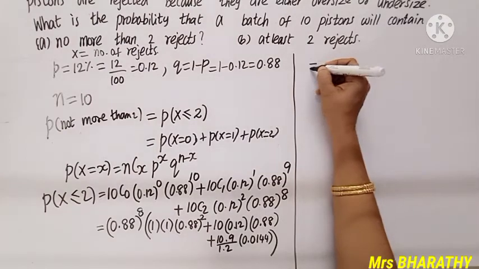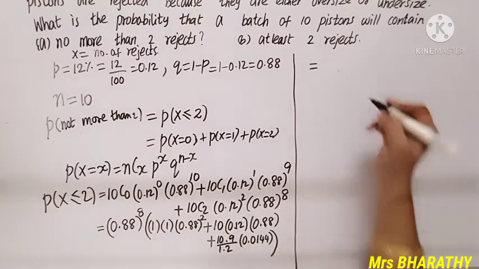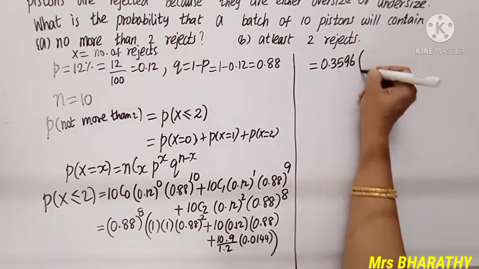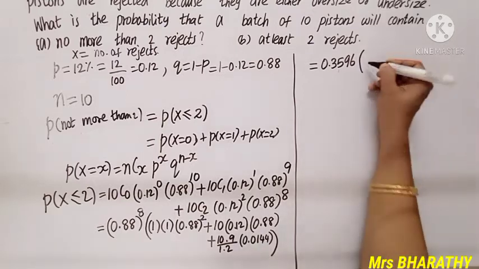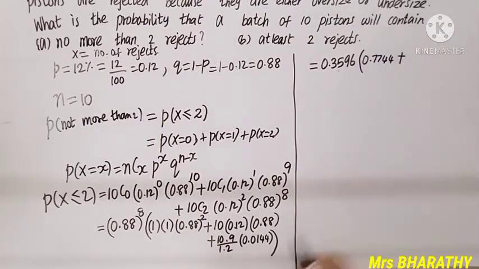As I simplify further, 0.88 whole power 8 is 0.3596, into 0.88 the whole square, 0.7744, plus 10 into 0.12 into 0.88.